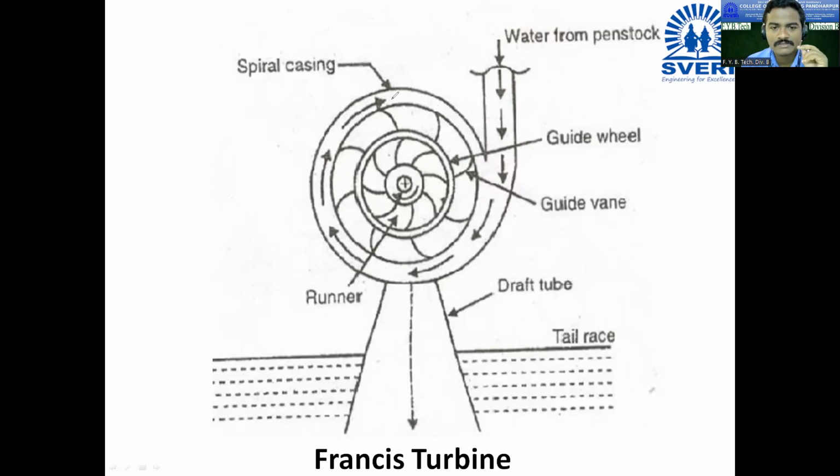You can show the arrows for the entry of water in the casing. Then at the bottom, there is a draft tube. So you can show this draft tube. Then there is a tail race.